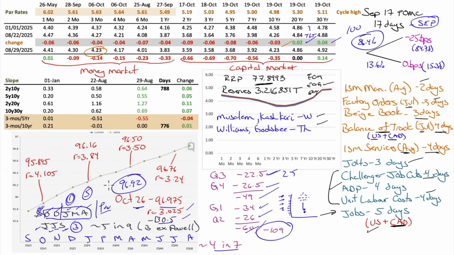And it's pricing in 5. To me, if I'm dead wrong, I'm getting 5. If I'm dead wrong, I stand to lose almost nothing. But if I'm right, and it goes from 125 or 130 basis points priced in to 200, 225, 250, that's a huge payoff.